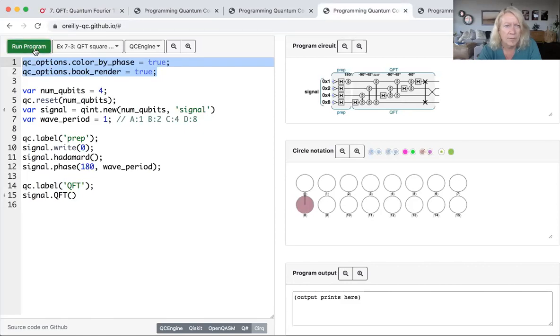All right, so we look at this and we had it, and then we do this 180. So this gives us the flip-flop. And then we have this variable wave period, and it's by default set to 1, which in their code they say is A. And so then we see 8, because that goes back to the original one where it was 8 rotations, if I am understanding correctly.